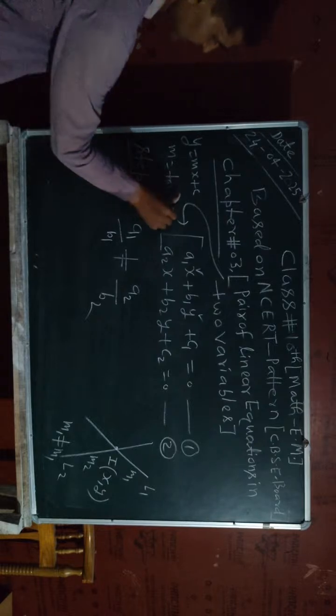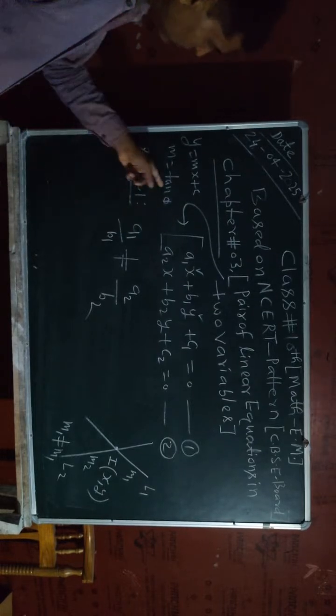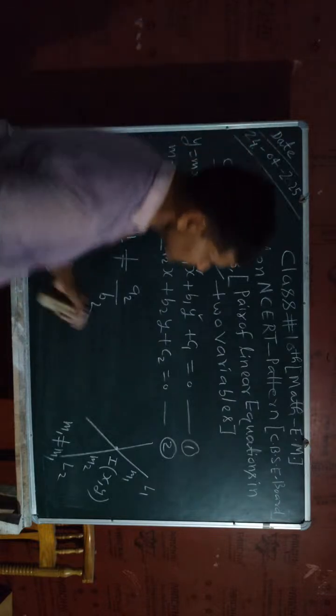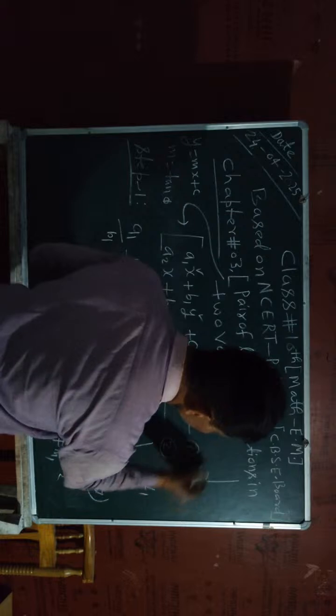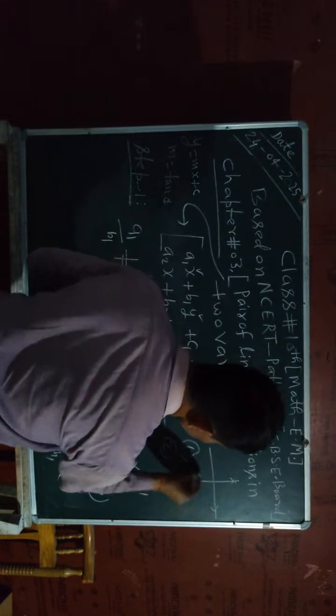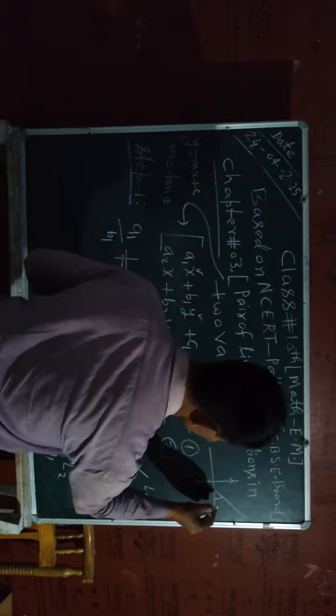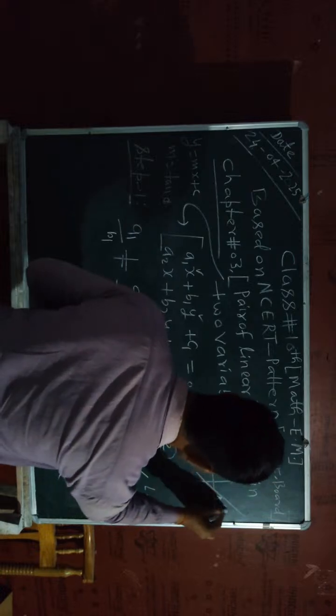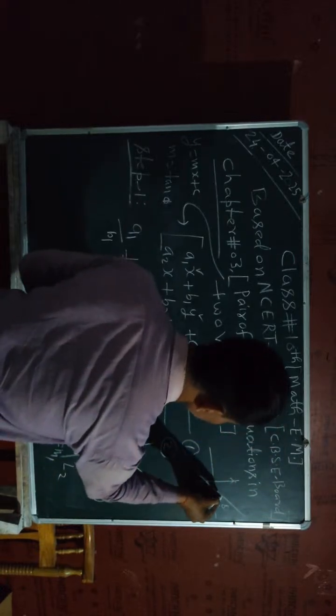It means that a line is drawn on the axes. This is the x-axis and this is the y-axis, and this is a line passing through a point and making an angle theta with the positive x-axis.